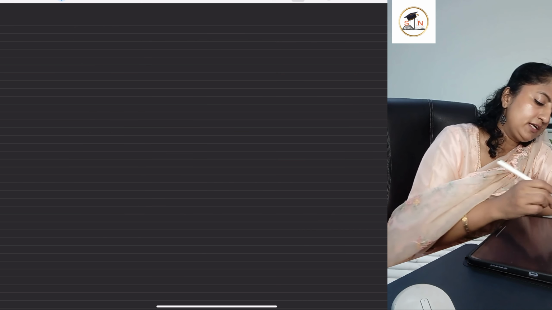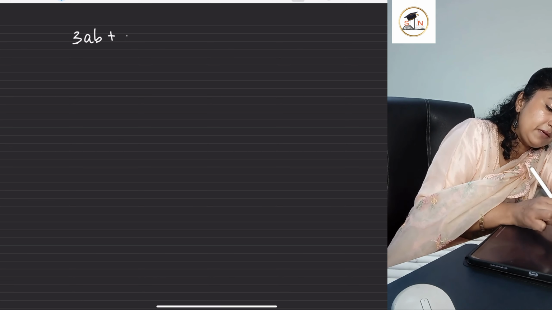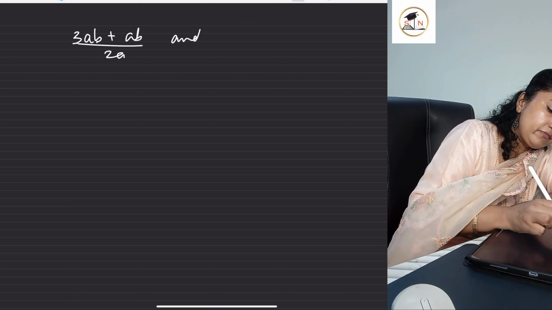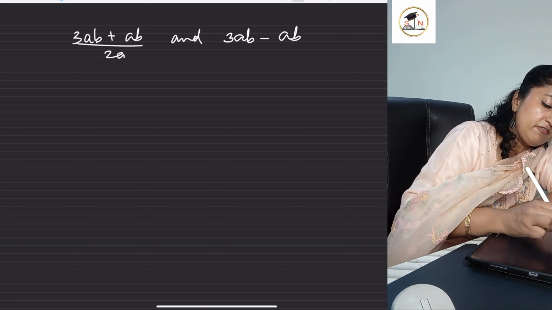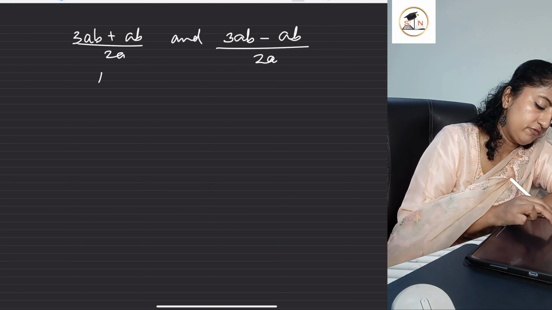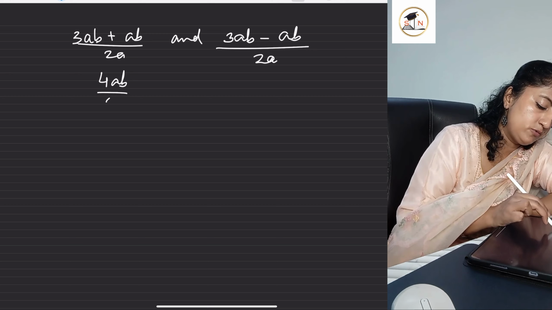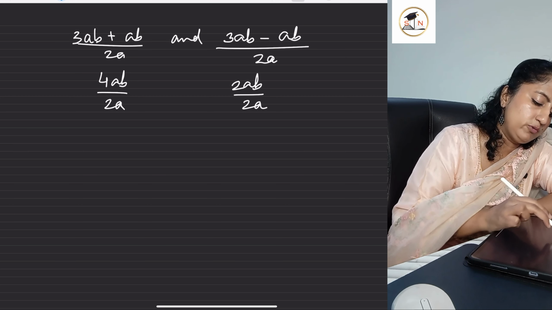Now we get two options over here: 3ab plus ab divided by 2a and 3ab minus ab divided by 2a, right? So we are having 4ab divided by 2a and 2ab divided by 2a.